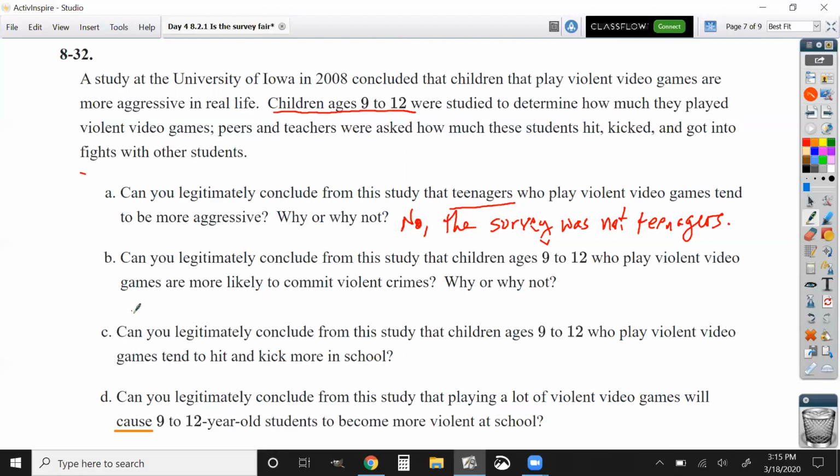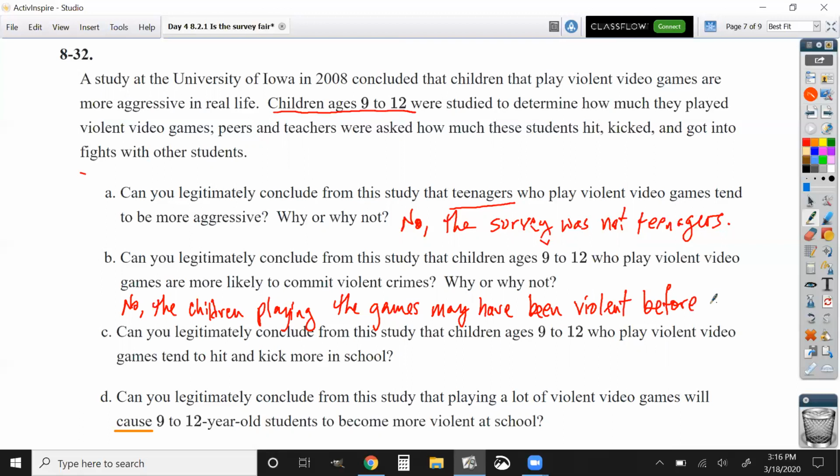So I would say no on this. No, the children playing the games may have been violent before the games.